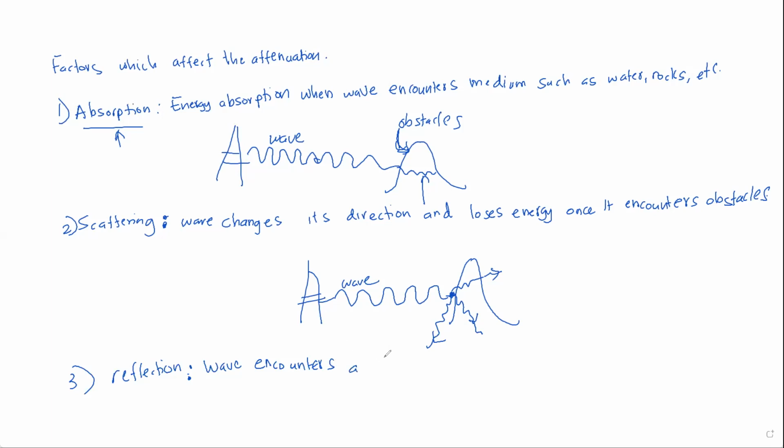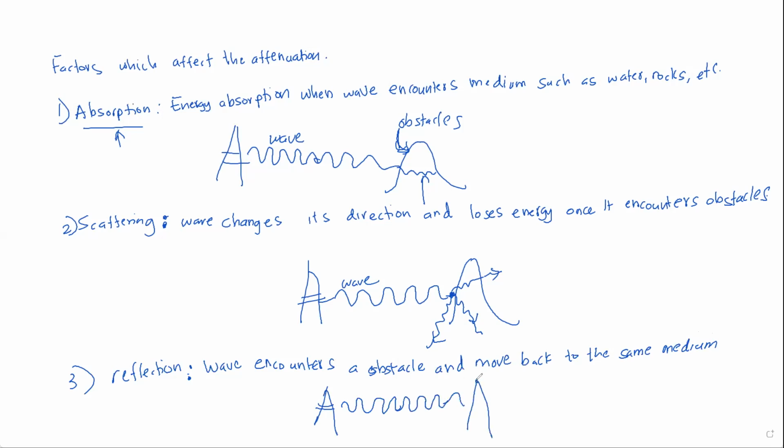So there's a wave moving in free space, and then it hits some kind of mountain or obstacle, and part of the wave hitting this obstacle will reflect back into the same medium or direction that it was incident on.